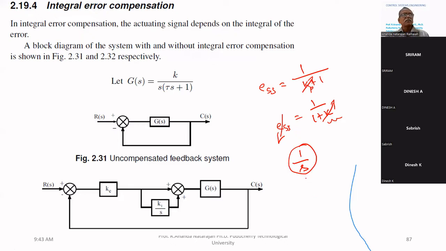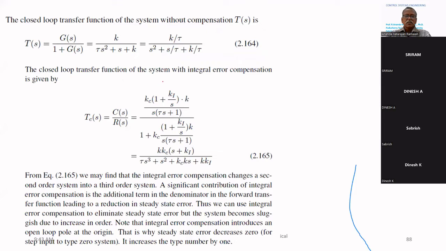What you will get here is 1 by Ki by s. S is included in the denominator. If you take LCM, you will get S plus Ki upon S.